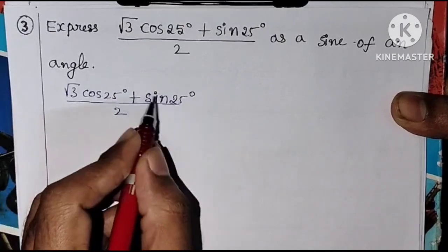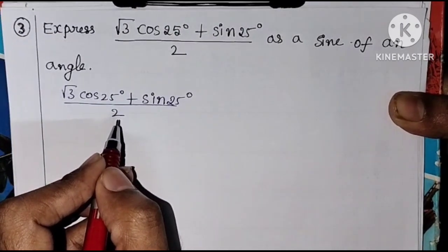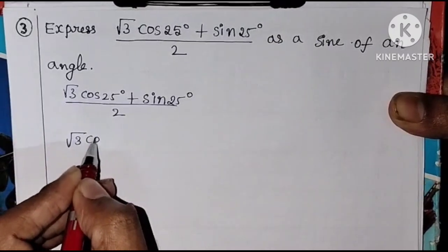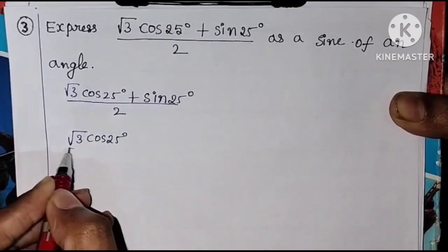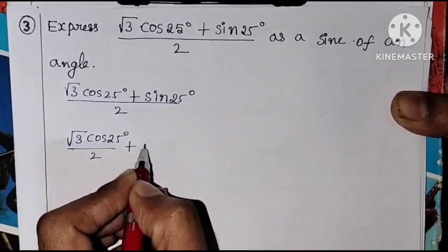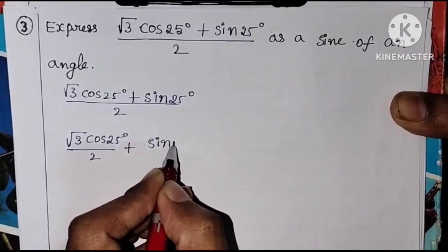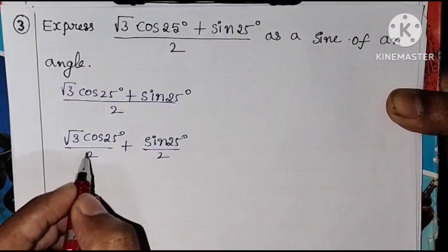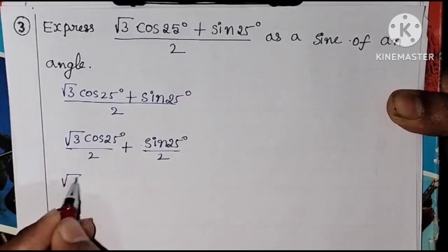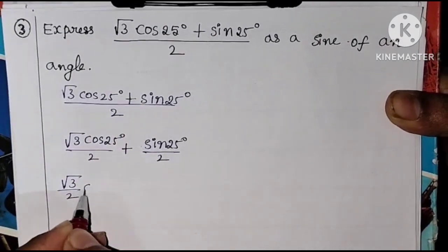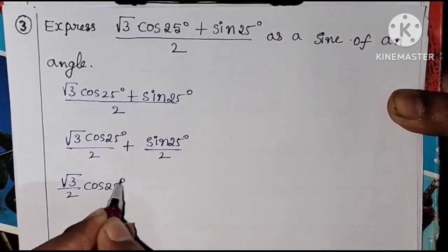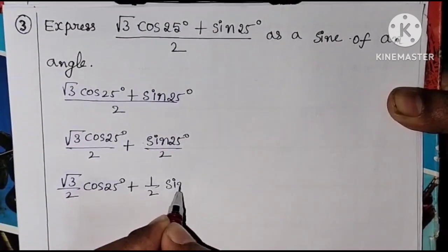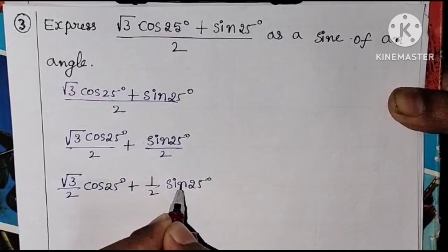Now split the numerators using common denominator. So root 3 cos 25 degrees by 2 plus sine 25 degrees by 2. Now it can be written as root 3 by 2 cos 25 degrees plus 1 by 2 sine 25 degrees.